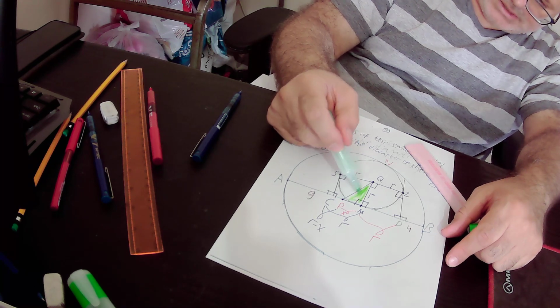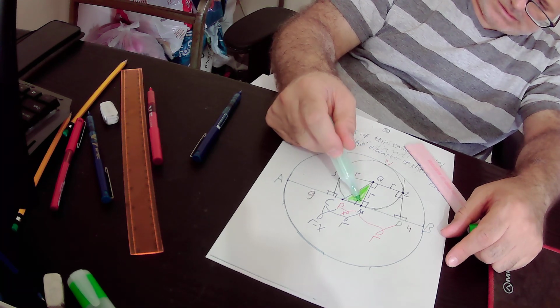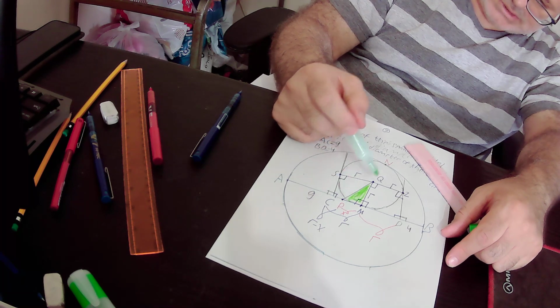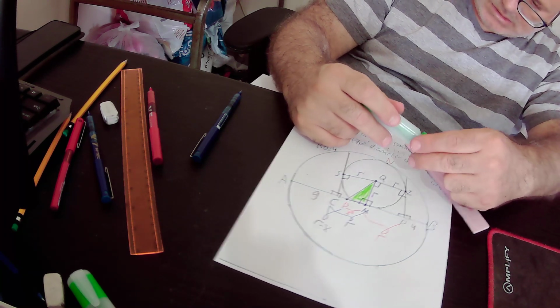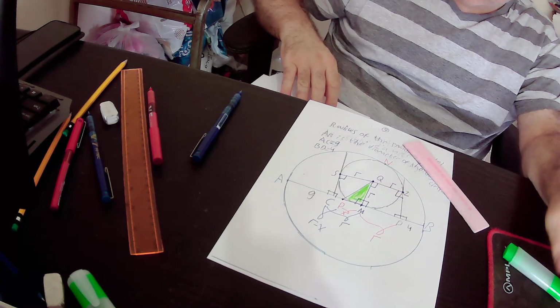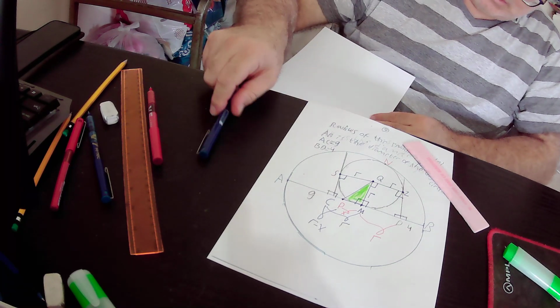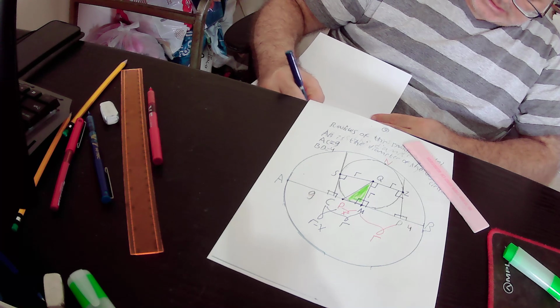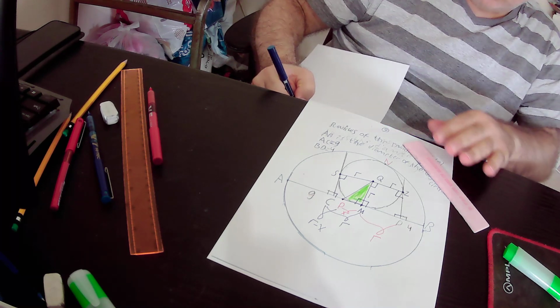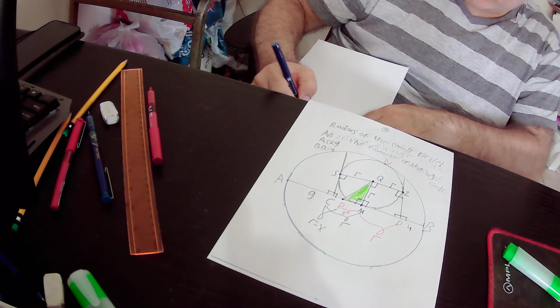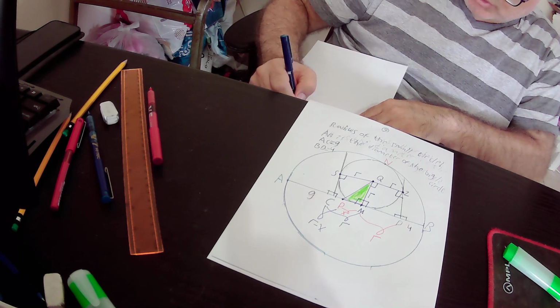Triangle QMP is a right triangle because angle QMP is a right angle. So in triangle QMP, that is a right triangle, we can apply the Pythagorean theorem.